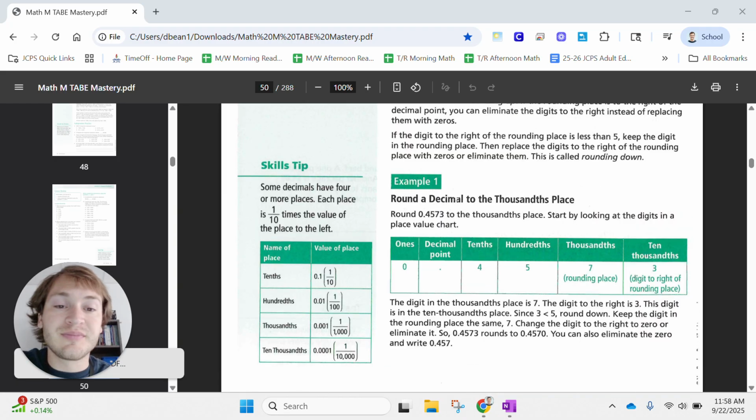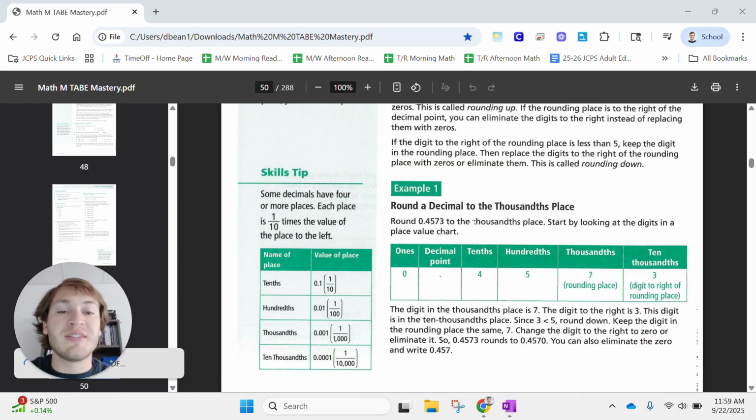So for example, if we want to round 0.4573 to the thousandths place, we've got to start by looking at the number. First we've got to find the thousandths place, which in this case is going to be that 7. Now, when we round, we want to look at the number to the right of the place value we want to round to. So we're rounding that 7 in the thousandths place, so we're going to be looking at this 3.